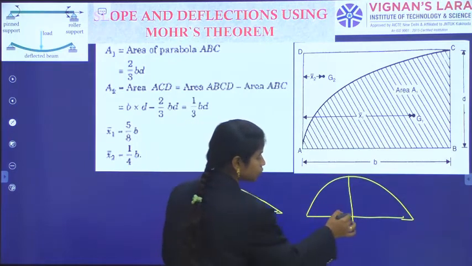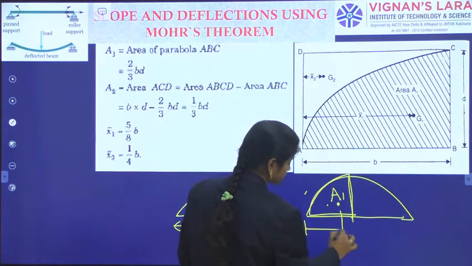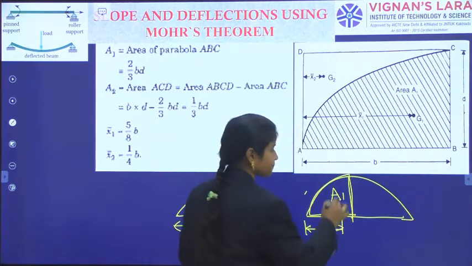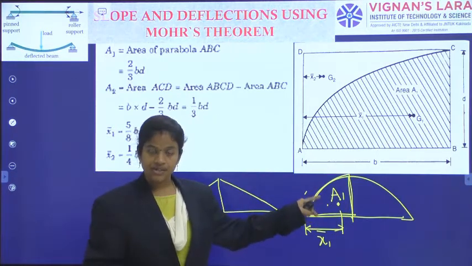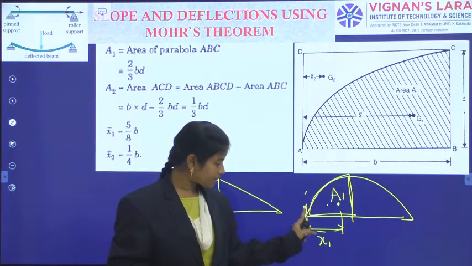So if you observe any section like this, and that section is indicated as A1 and its center of gravity distance from this reference is indicated as x1 bar. For such a section, what is the area of this half portion, and also what is the center of gravity from the tip?